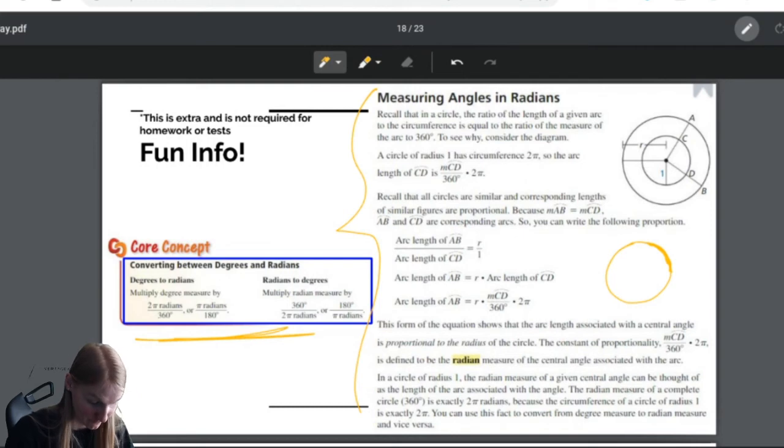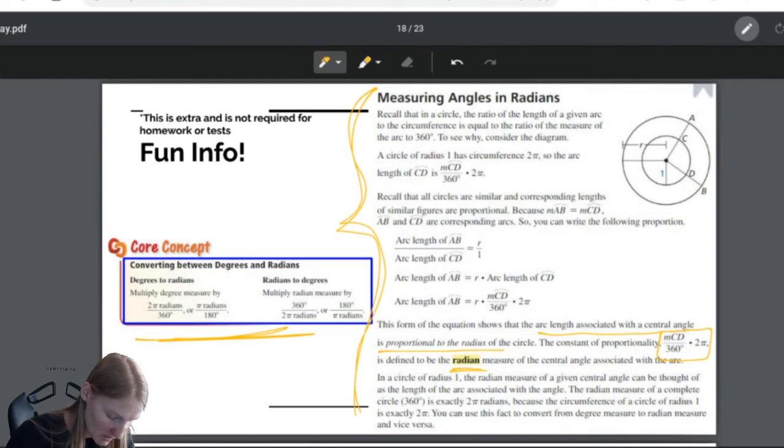It's a little bit hard to explain without talking about all of this, but the arc length associated with a central angle is proportional to the radius of the circle. So when we look at this, it's kind of like our formula for arc length, but without the radius. That's defined to be a radian.